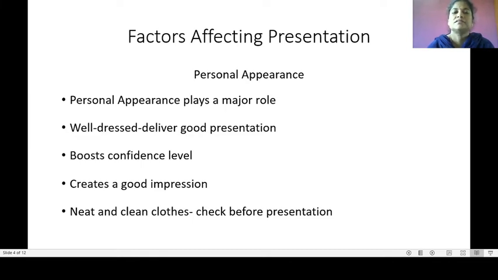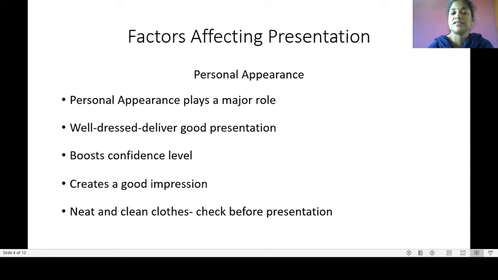It will be wrong on the part of the presenter to go in shabby clothes. It could give them a low confidence level. So, a well dressed presenter not only sends out a message that his presentation is going to be effective, but it also helps him to boost the confidence level.